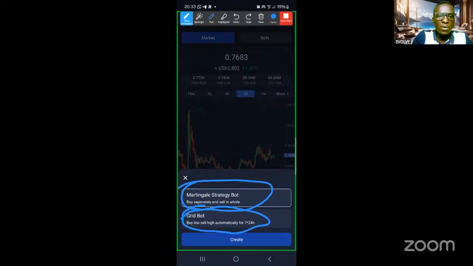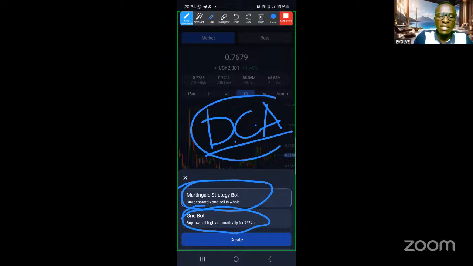Whereas martingale is a very good robot when the market is going against you. It saves you by doing what we call DCA, dollar cost averaging. Dollar cost averaging will enable you not to stay very long in a trade and to manage your risk.